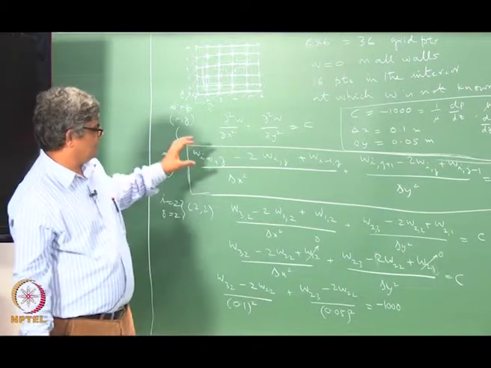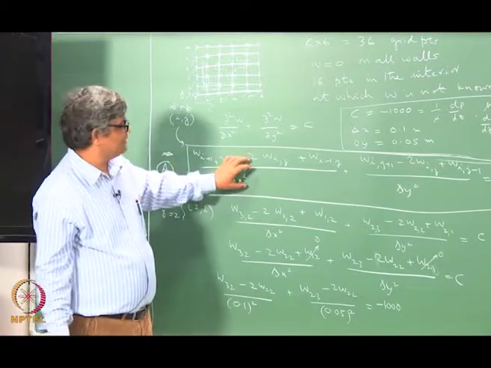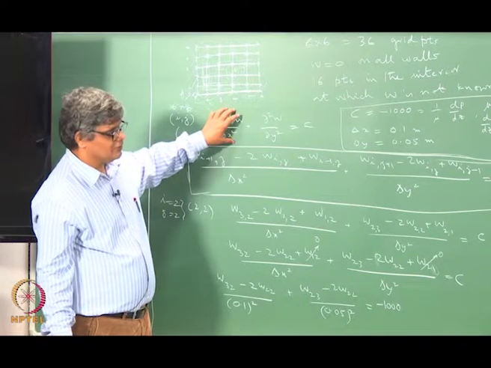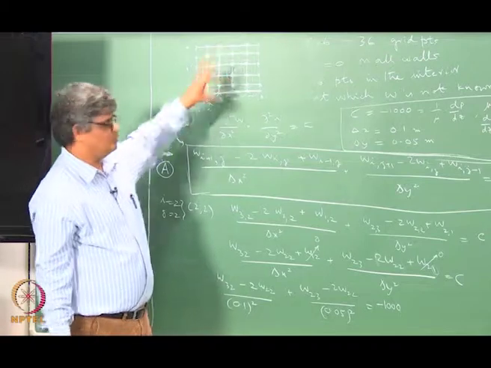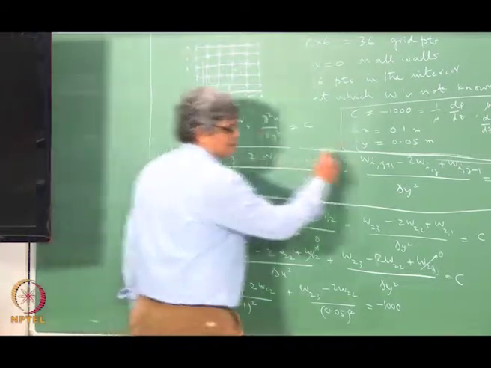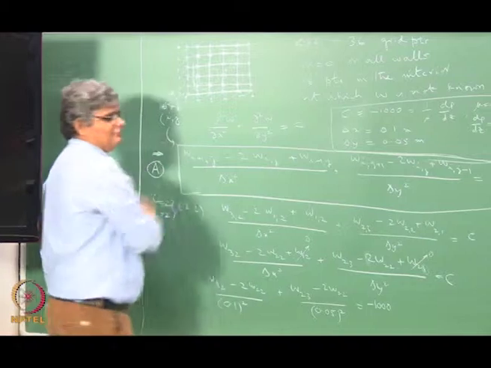So, depending on the type of approximation that we make and the type of equation that we are trying to solve, we will have a computational molecule, and that computational molecule is encapsulated in this template equation which we choose to write.